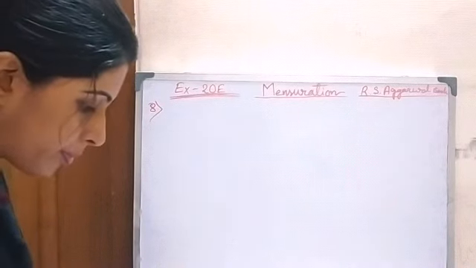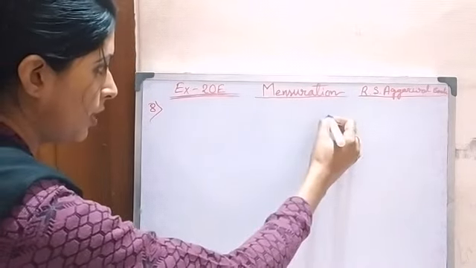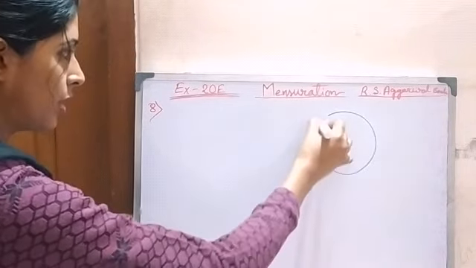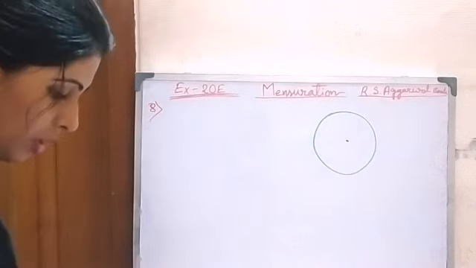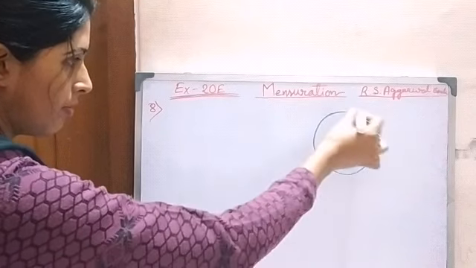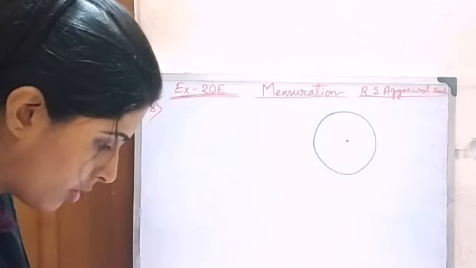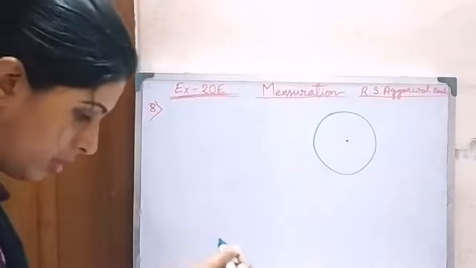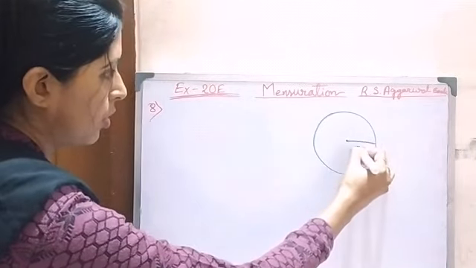Here, suppose this is the circular field. Round of a circular field, that means the circumference is being talked about. The radius is 21 meter, that means this is 21 meter.